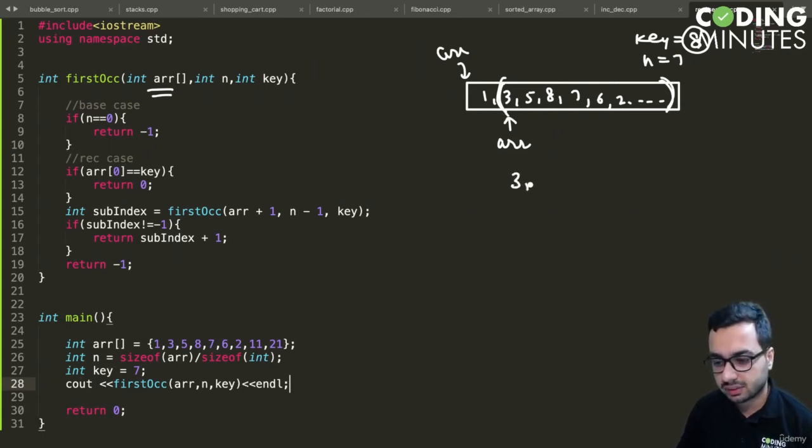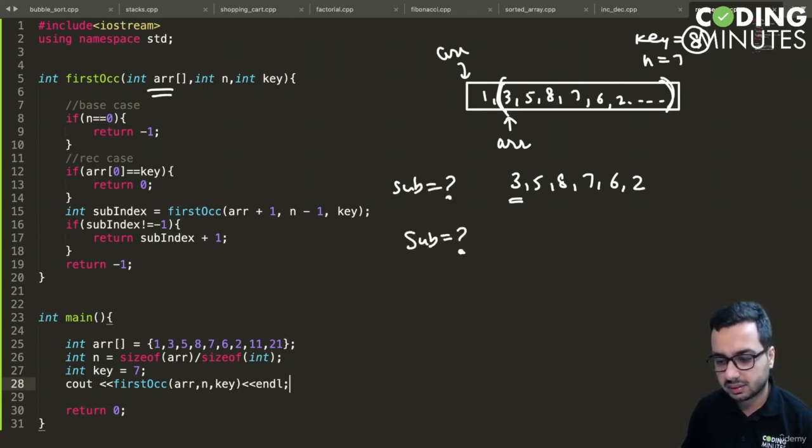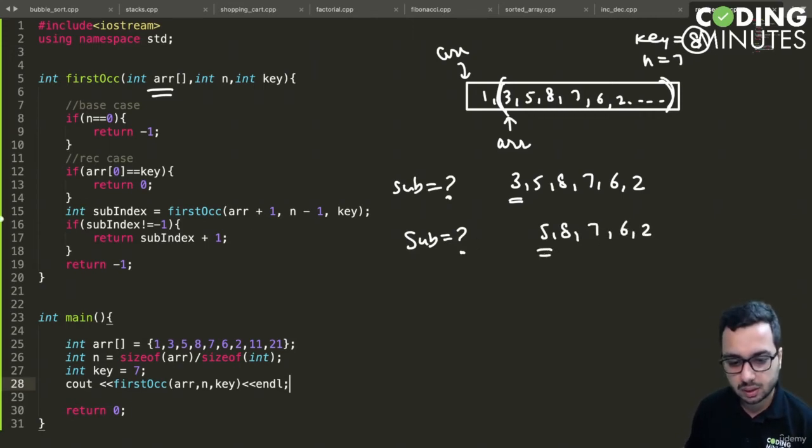So we have this 3 5 8 7 6 2. Then we say, okay, this is not equal to key, so we make another function call to get the sub index. Right now we don't know what the sub index is. We make another call to get the sub index from this call, because 5 is not equal to key, so you make another call and the code is paused at line number 15.